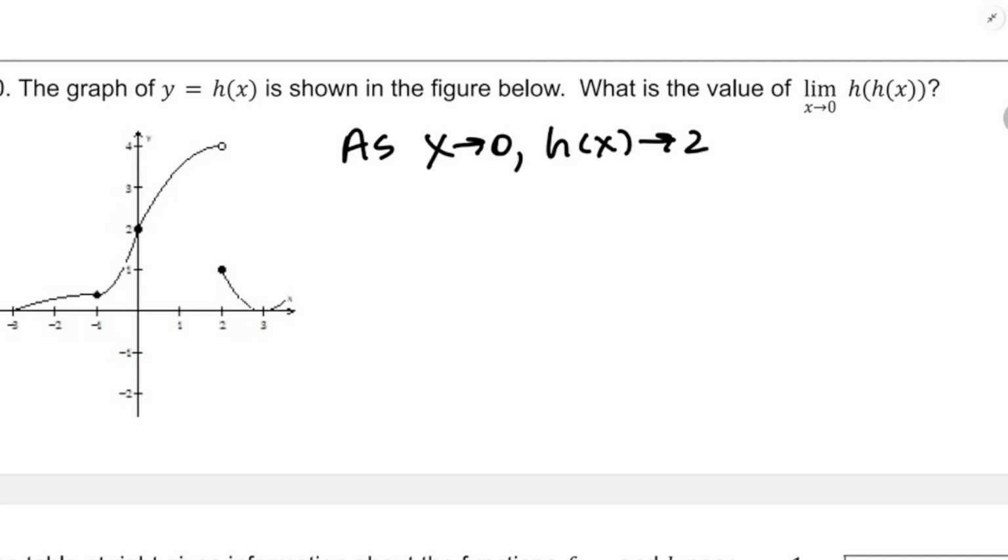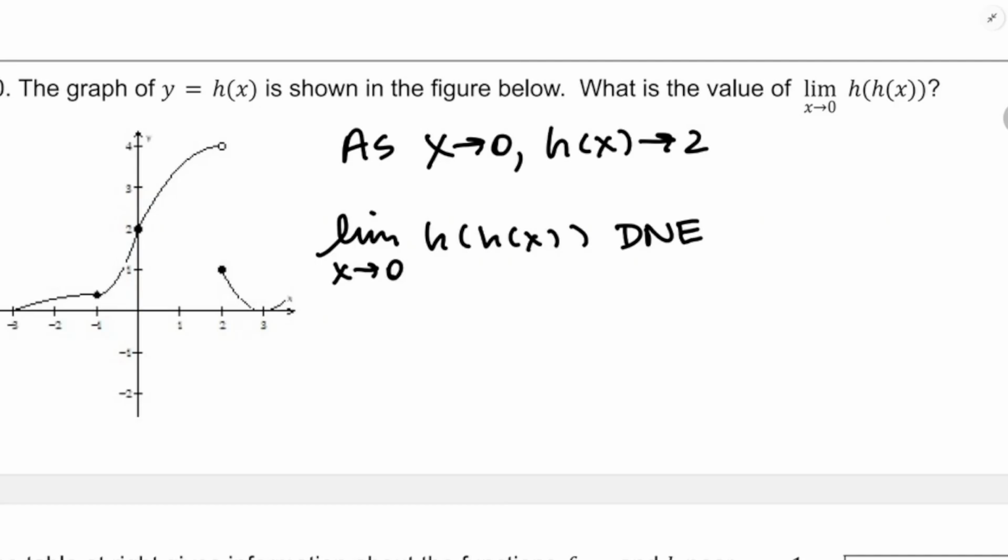So what I would say here is that the limit as x approaches 0 of h of x is going to be equivalent to the limit as x approaches 2 of h of x, and that's not existing. So that's kind of my hypothesis, but I'm going to need a reason.